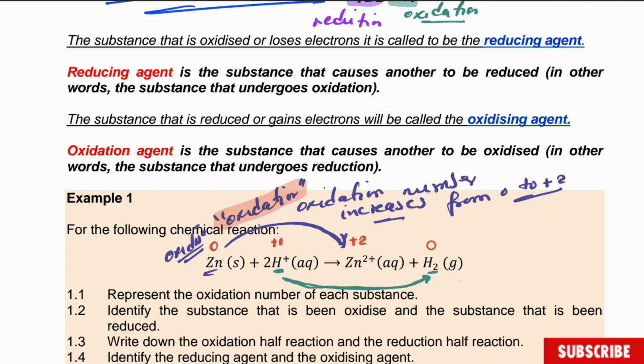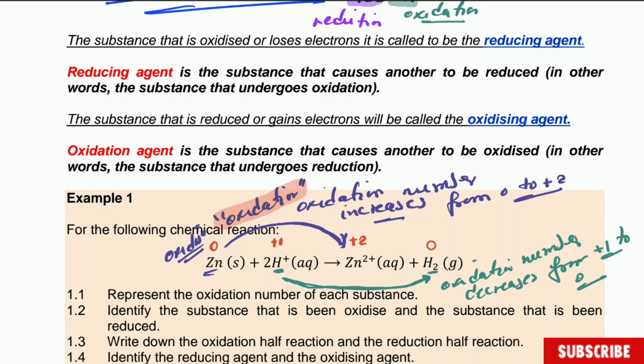So you can see that the oxidation number decreases. Let me write it at the bottom here. Decreases from positive 1 to 0. You can see that it decreases from positive 1 to 0.